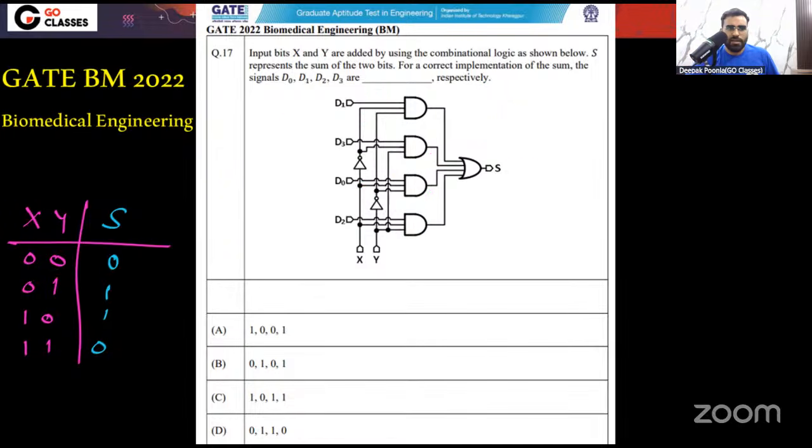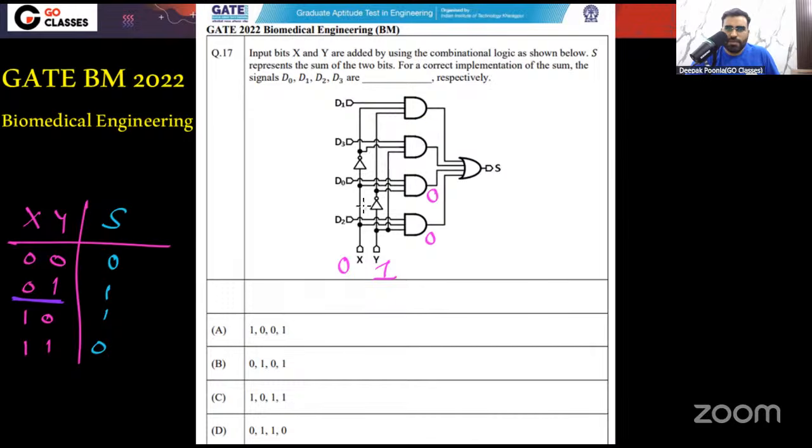Now let's see. When x is 0, y is 1, then the output actually should be 1. So let's check it. For this AND gate, the inputs are x, y, so the output here will be 0. For this AND gate, the inputs are y bar, x, so because x is 0, output here will be 0.